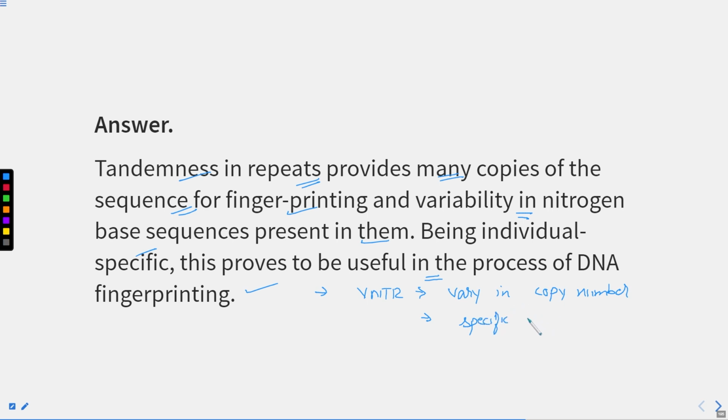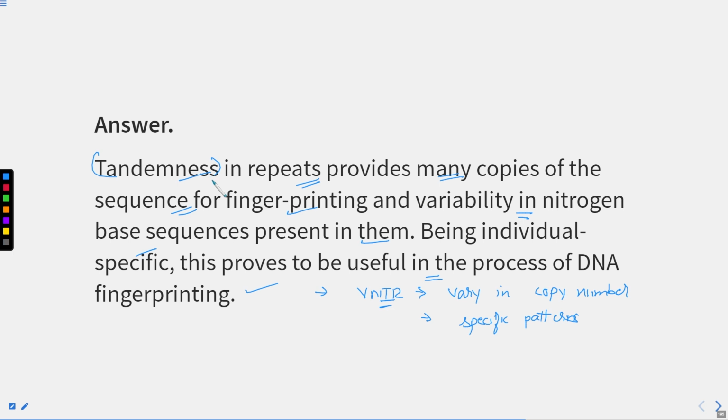This technique of VNTR forms the basis of DNA fingerprinting. And I've already told you about the utilization of the VNTRs and where VNTRs are present. So that's why the randomness of the tandem repeats is an advantage in DNA fingerprinting.